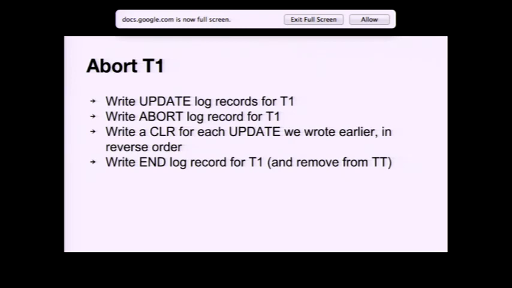A CLR stands for a compensation log record, and that just means we're undoing whatever may have happened on disk. So for each update that we wrote earlier, we're going to go in backwards order through all of those updates and write CLRs. And then once all of this is done, we say, okay, there's nothing more to undo, so let's write T1 end and also remove it from the transaction table.